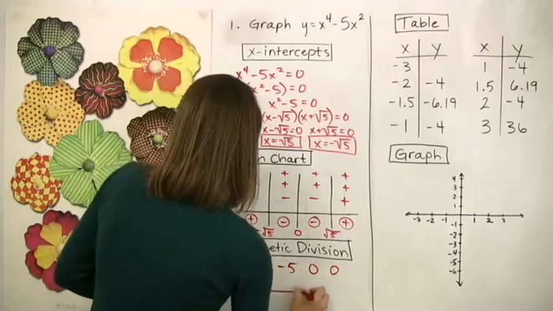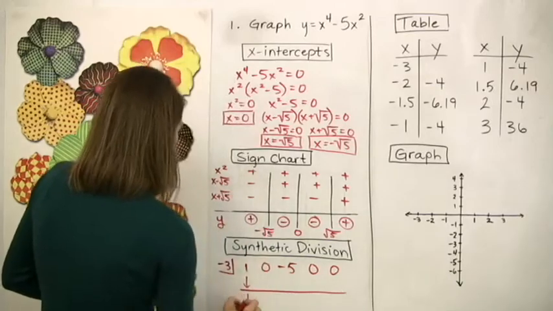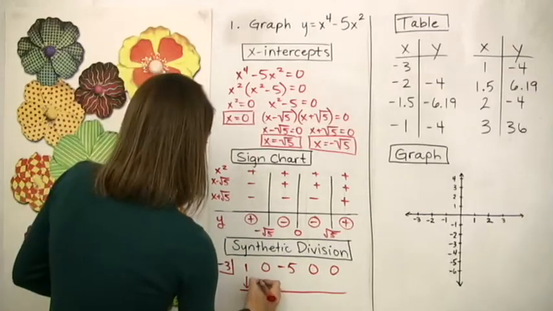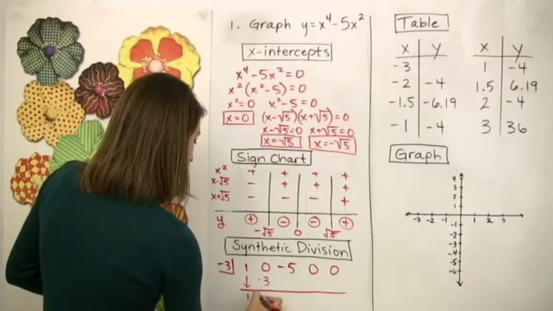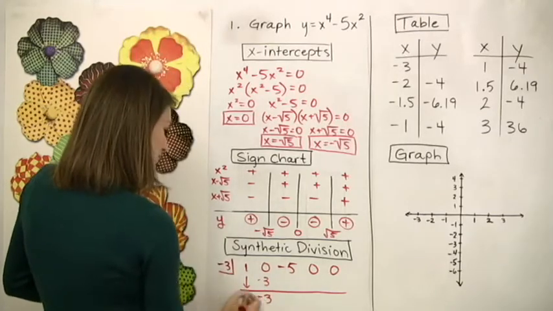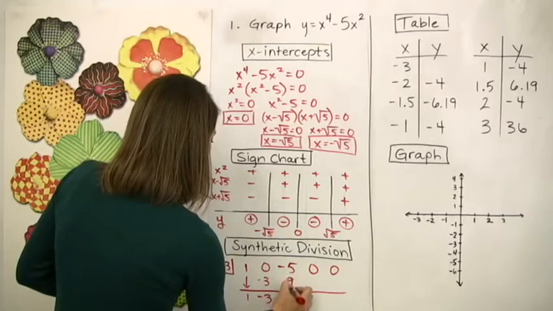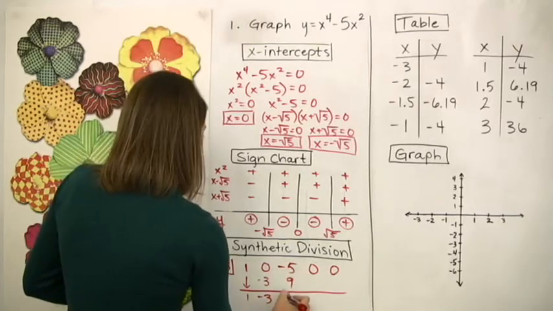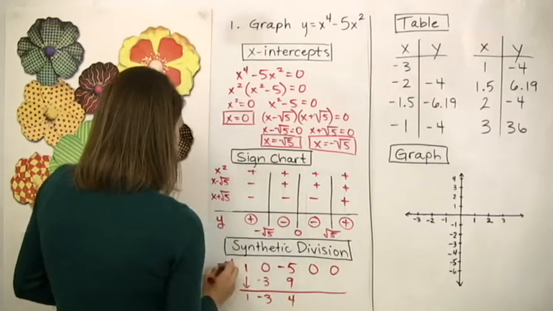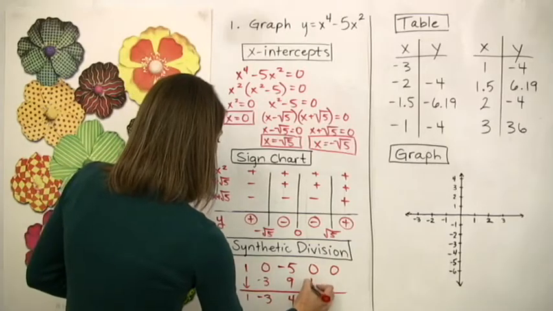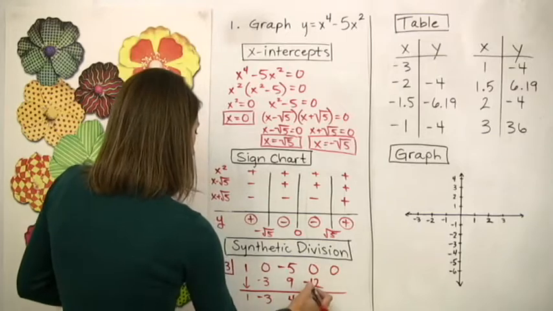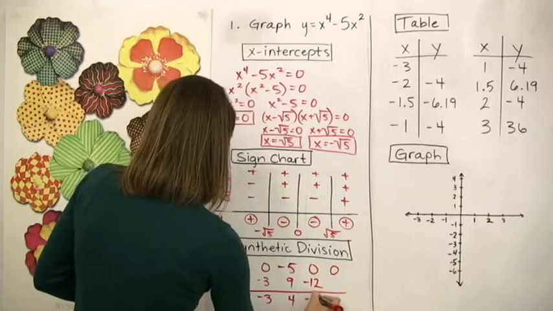We're going to bring our 1 down, and then -3 times 1 is -3. We add 0 and -3, which is -3. -3 times -3 is 9, so -5 plus 9 is 4. Then -3 times 4 is -12, excuse me. Then 0 plus -12 is still -12.